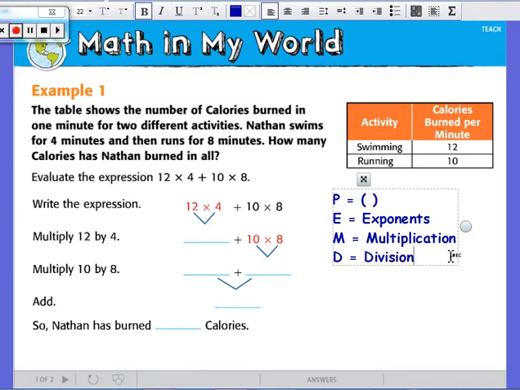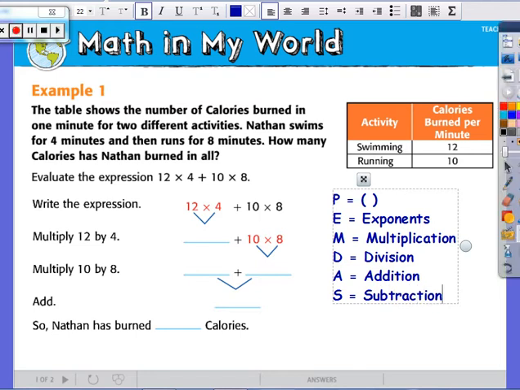Now, multiplication and division. I know that multiplication comes first when you say PEMDAS, but these actually happen in order. The same thing with the next one. A is addition, and S is subtraction. So that's the order of operations.